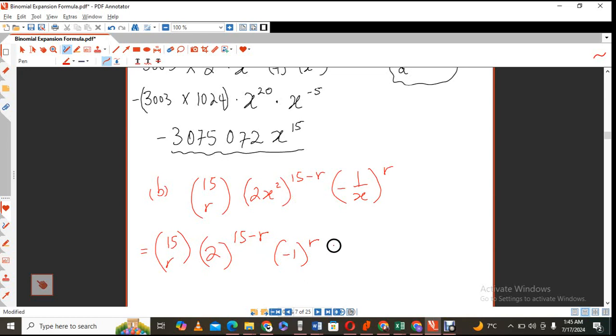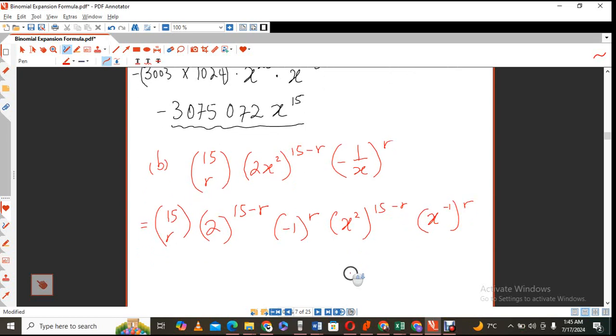So let's work with x squared raised to the power of 15 minus r, and 1 over x. Remember the x is underneath. 1 over x is nothing but x raised to the power of -1, so that's x raised to the power of -r. I'm interested in the terms containing x.